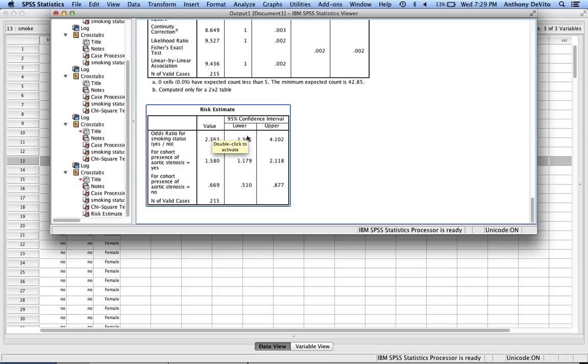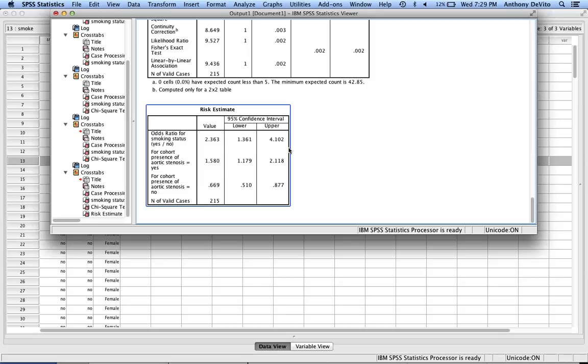So what do we need to be able to exclude 1 as a possibility and reject our null hypothesis? We need to compare that number, 1, to our confidence interval. The value that we got for the odds ratio was 2.3. Our 95% confidence interval for the true value of the odds ratio for the entire population is 1.3 to 4.1. What's not between those two numbers? 1. So we can reject the null hypothesis.